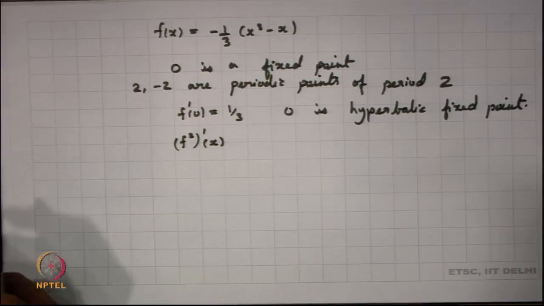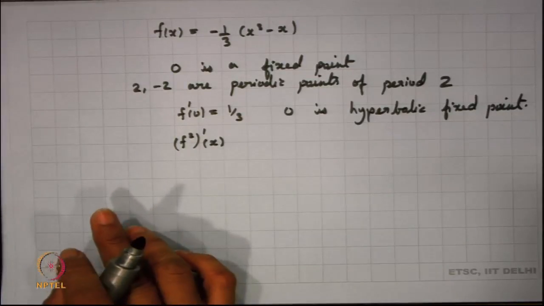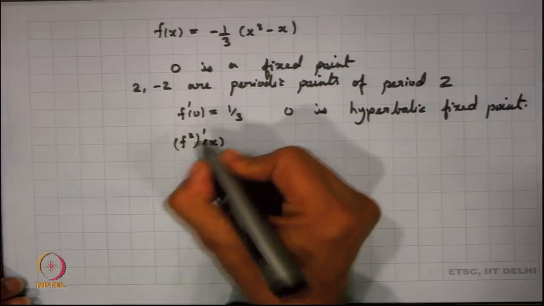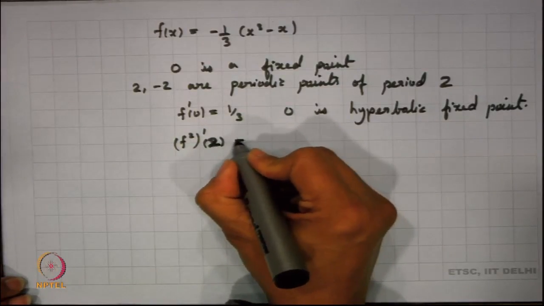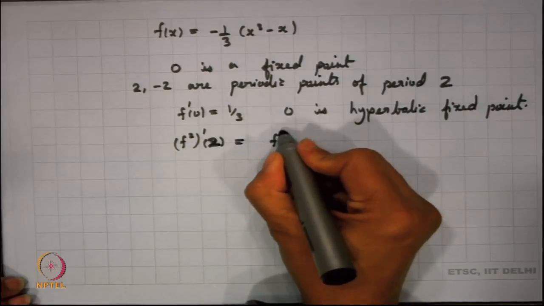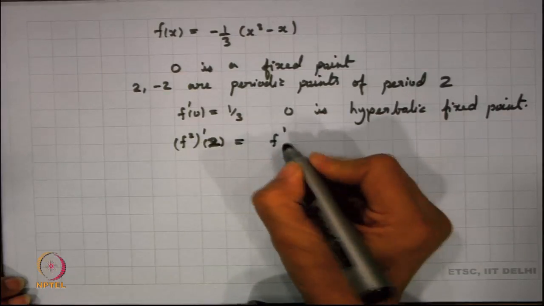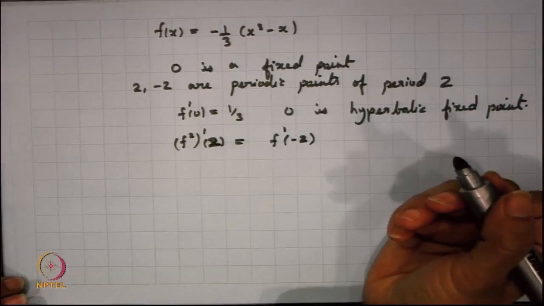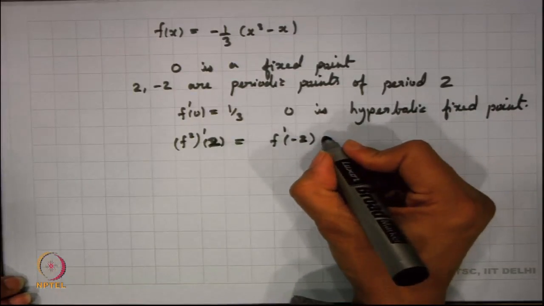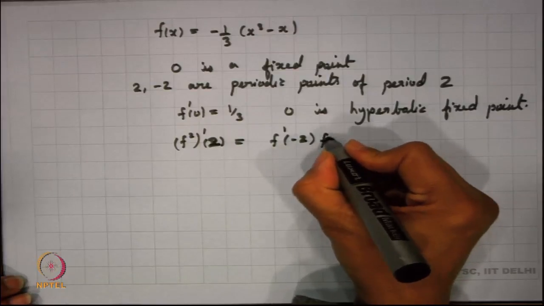All we are using here is the chain rule. So, at the point 2, this becomes f prime at minus 2, that is f prime at f of x, into f prime at 2.